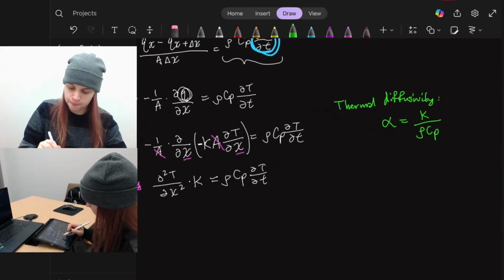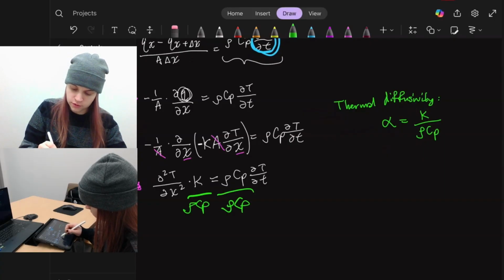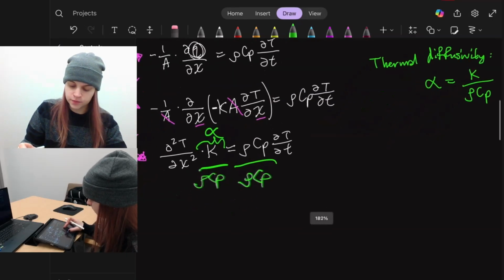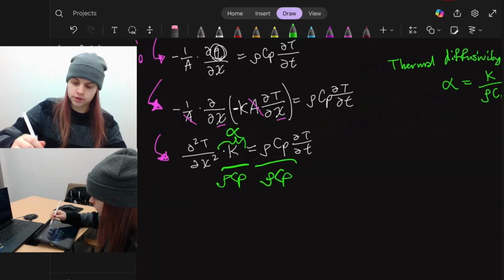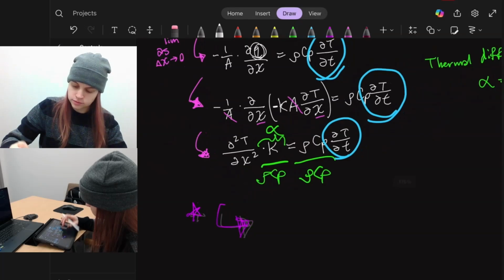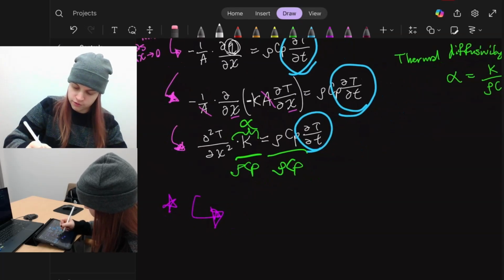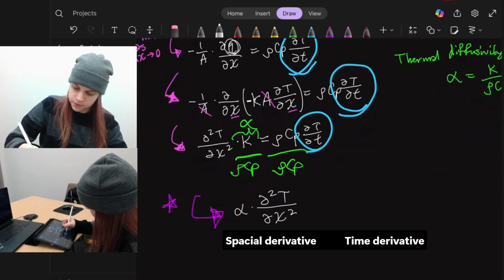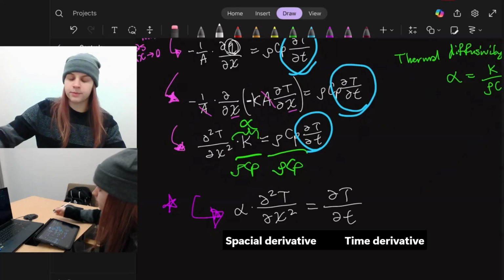As we see here, we can divide by rho Cp. This would be our thermal diffusivity, and we can then simplify our final equation, where we have the thermal diffusivity multiplied by the second derivative is equal to how the temperature changes with time.